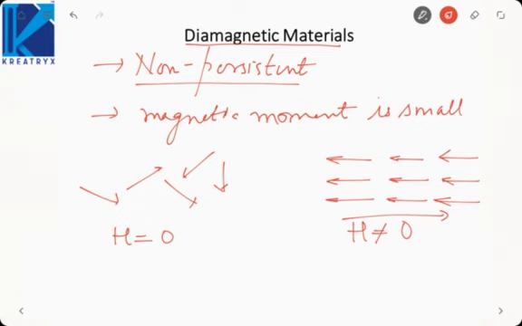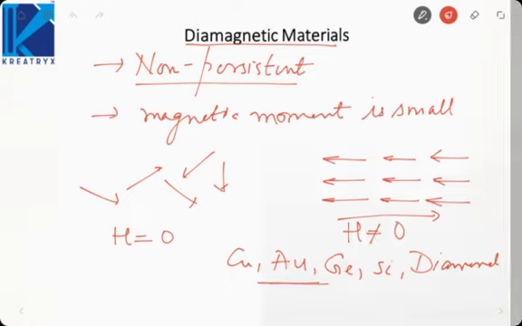Why is it opposite? It is due to the orbital motion of the electrons. Some diamagnetic materials are copper, gold, germanium, silicon, diamond.